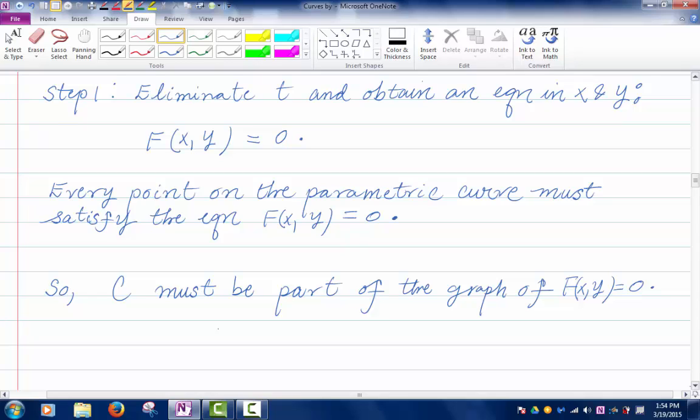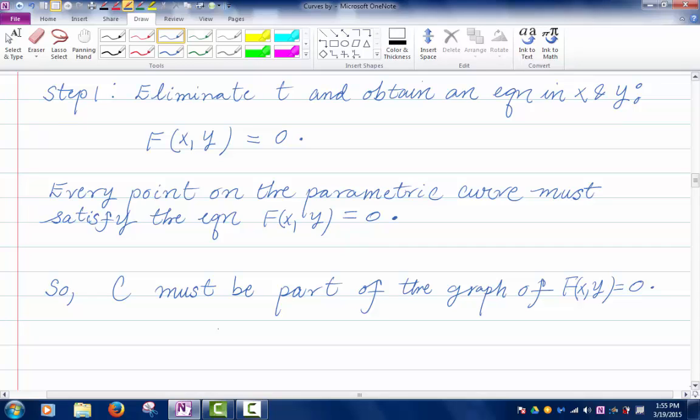So what does it tell you? What it tells you is that any given point on the curve, on my parametric curve, will satisfy this equation. Is that making sense?